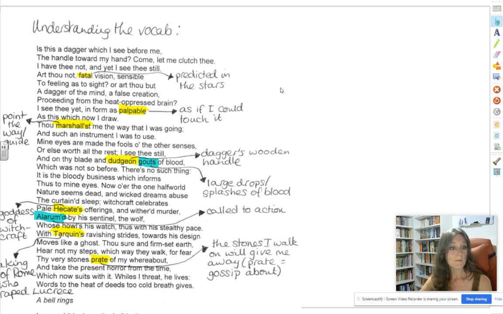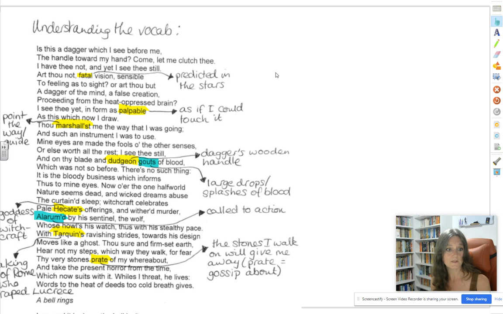And when Macbeth sees this dagger coming at him with a handle pointing towards him and the pointy bit pointing towards King Duncan, he thinks that it's a message from the fates, like his stars, his horoscope coming to send him a sign. So fatal means of the fate or predicted by the stars.